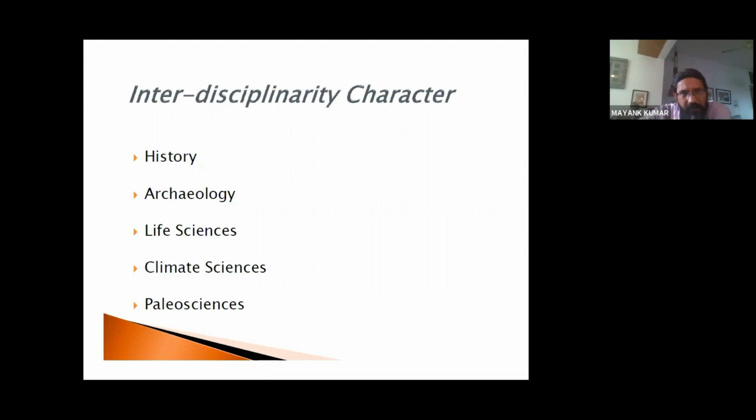A nilometer is a kind of scale that was erected on the bank of the river Nile, and the annual flood was measured. This is the height this year, this is the height this year, or it's a low flood, it's a high flood.